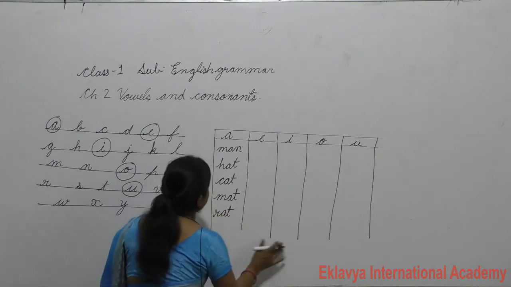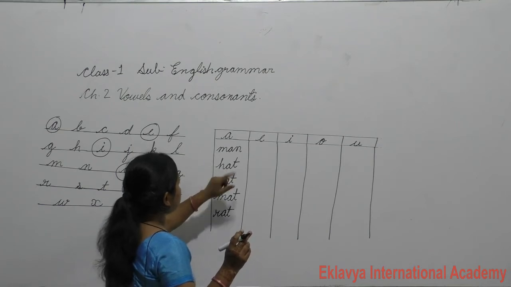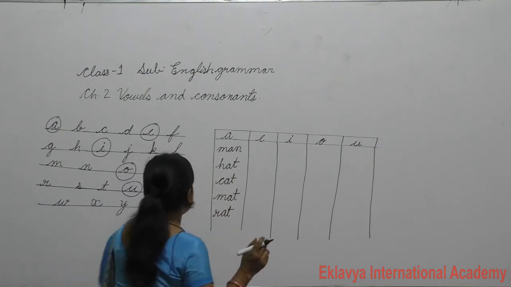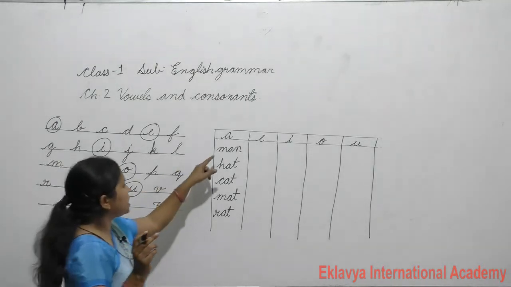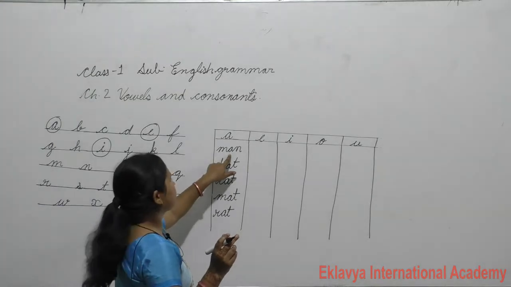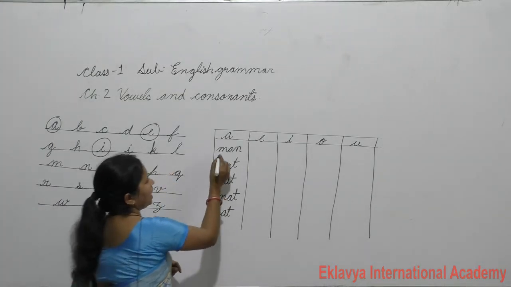R-A-T, rat. Okay, M-A-N, man. H-A-T, hat. C-A-T, cat. M-A-T, mat. R-A-T, rat. You will notice that the middle letter is which? A vowel. Yes. Notice the middle letter is a vowel.